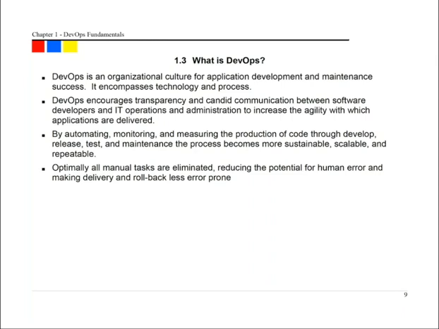By using these practices, by using automation and measurement, we can track the flow that code goes through as we go through develop, release, test, maintenance. And our intent is to make that process more reliable, more scalable, more sustainable, more repeatable.